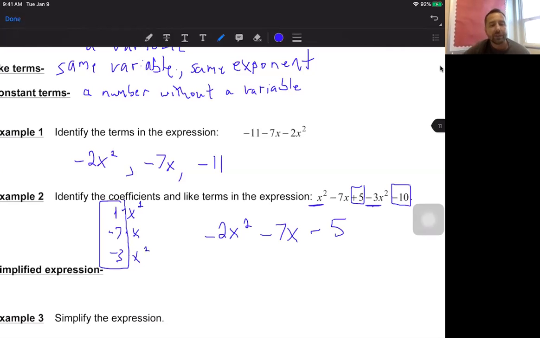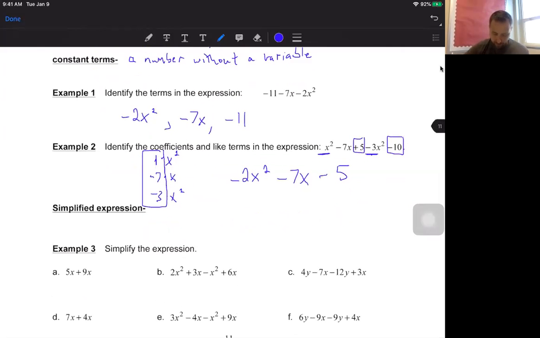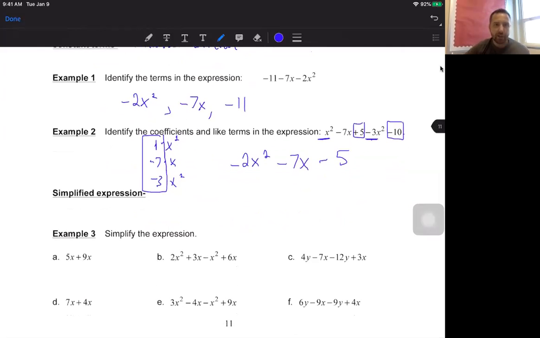So when we simplify this, you end up with -2x squared minus 7x minus 5. Are there questions on that?